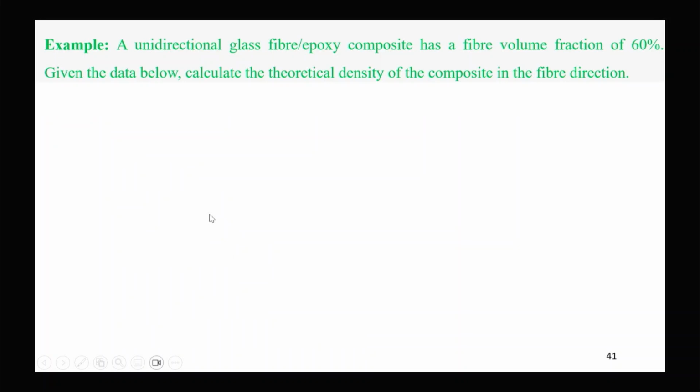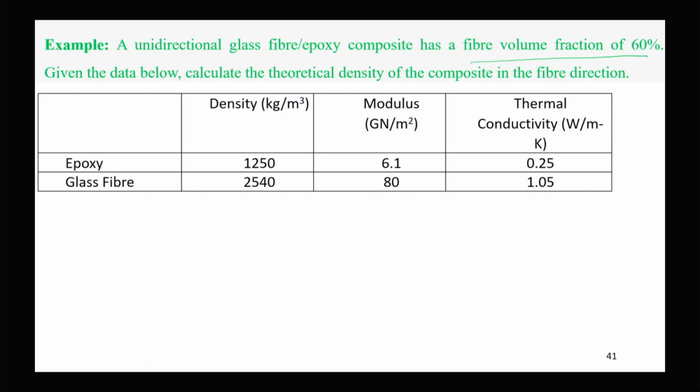Next, a unidirectional glass fiber epoxy composite has a fiber volume fraction of 60%. So the volume fraction is given. Calculate the theoretical density of the composite in the fiber direction.